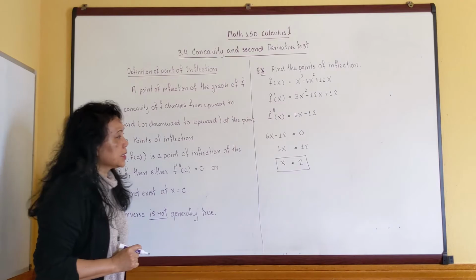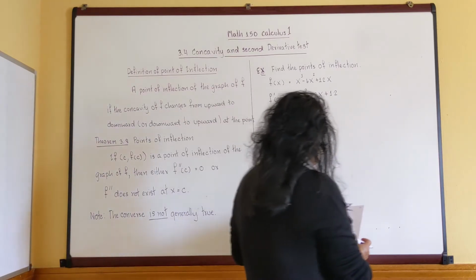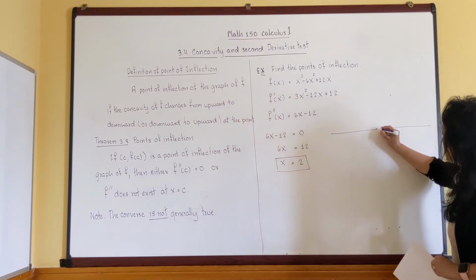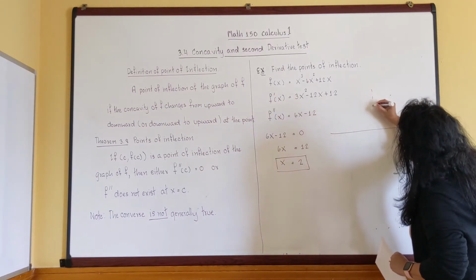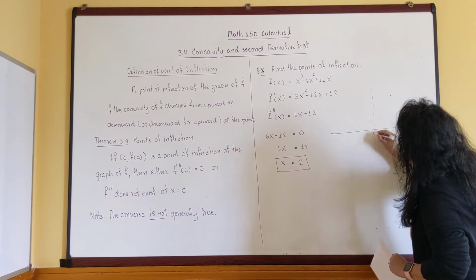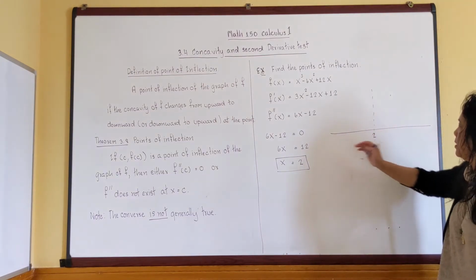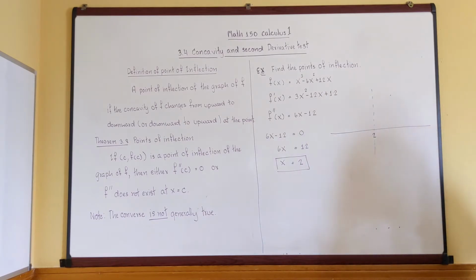Alright, so let's graph this. I have a number line. Number 2 is over here. I have two regions, on the left side and on the right side. On the left side is negative infinity to 2, on the right side is 2 to infinity.